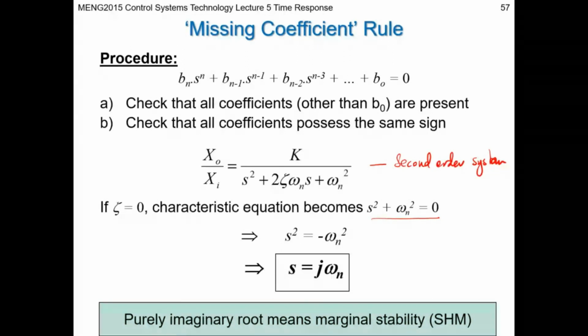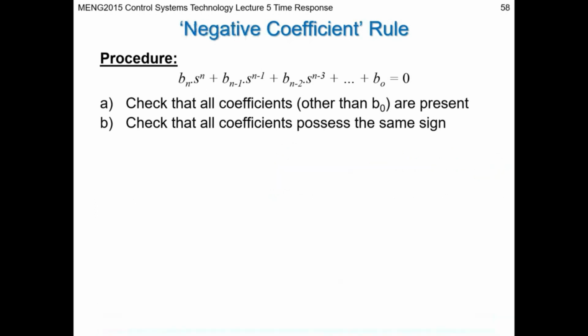So a purely imaginary root means marginal stability and therefore simple harmonic motion. That's if we use zeta equals 0, eliminating this term and getting a reduced characteristic equation.